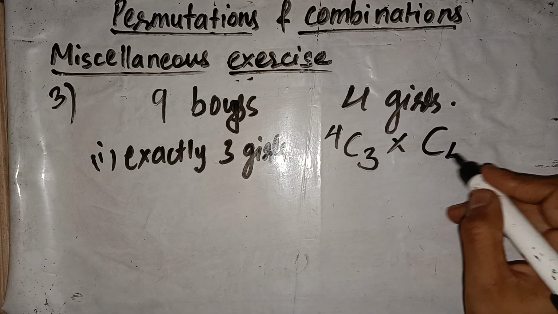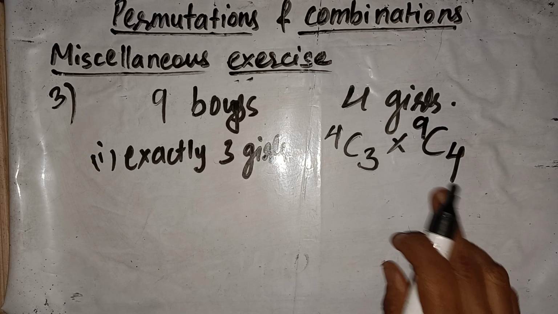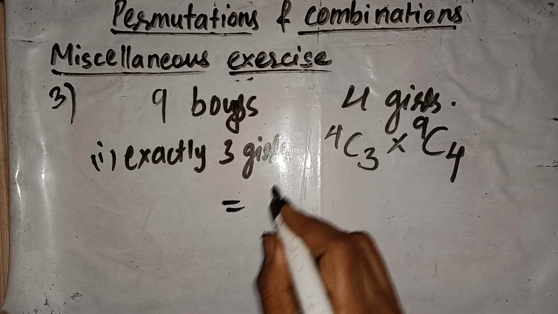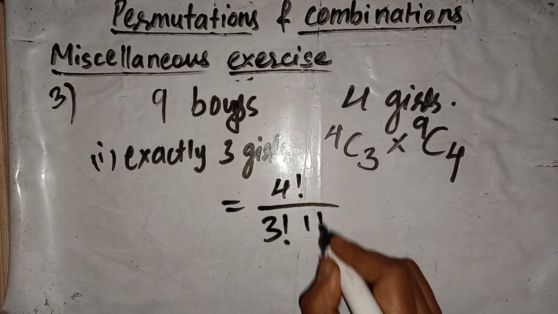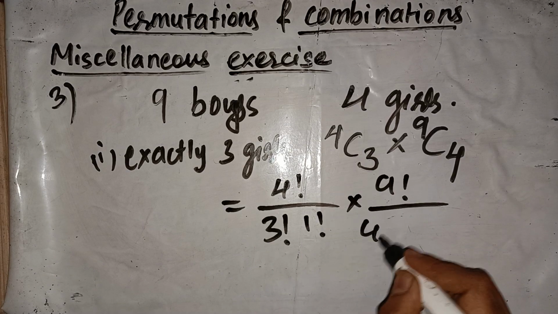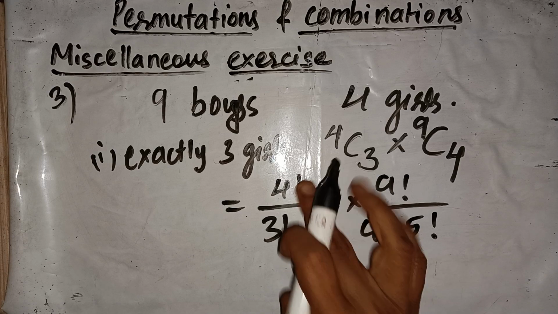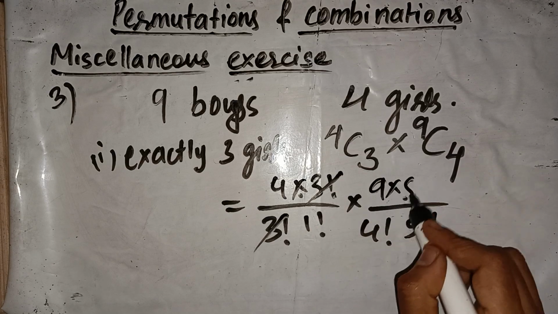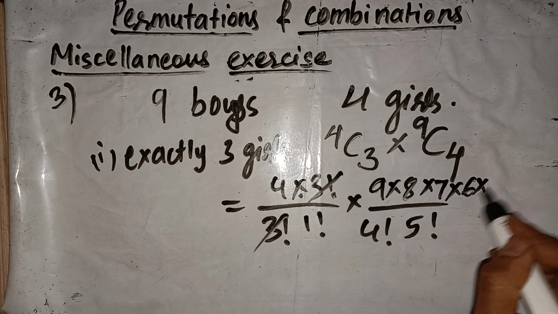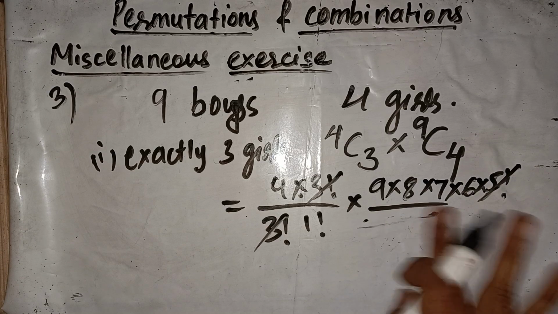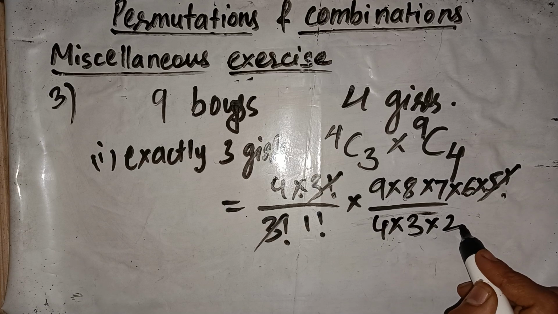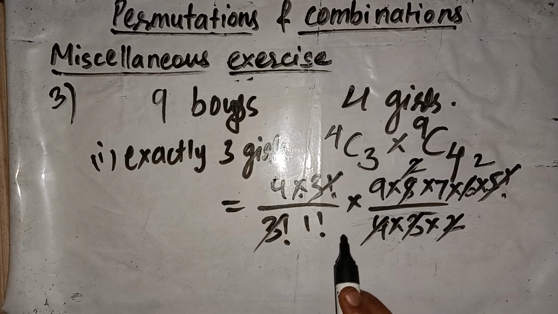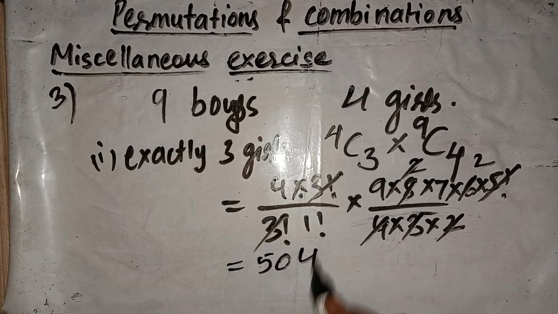Total 7, so 4 boys you have to choose from 9 boys, 9C4. So 4 factorial upon 3 factorial into 1 factorial, into 9 factorial upon 4 factorial into 5 factorial. Then you multiply and get 504.